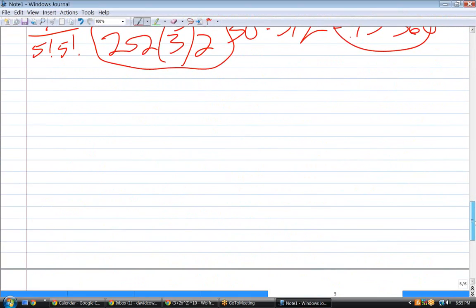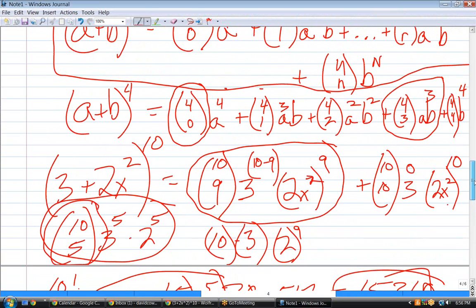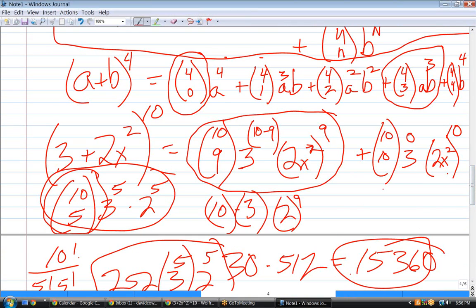Well, let's see. When we expanded it out, I can tell that I need r to be 5, because it's going to multiply by the x squared, and it'll be 10 when r is 5. So that's what they mean.